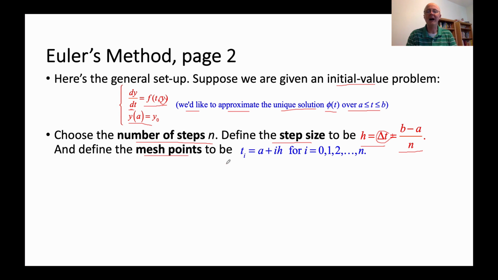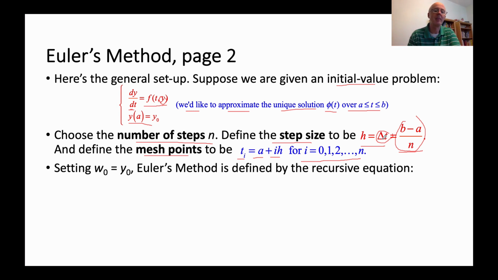Etc. T sub i is a plus i times h for i equals 0 through n. If you plug in i equals 0, t sub 0 equals a. If you plug in i equals n, you get n times h, n times this thing. The n's cancel, leaving you with b minus a, and a plus b minus a is b. So t0 is a, tn is equal to b, whatever a and b happen to be.